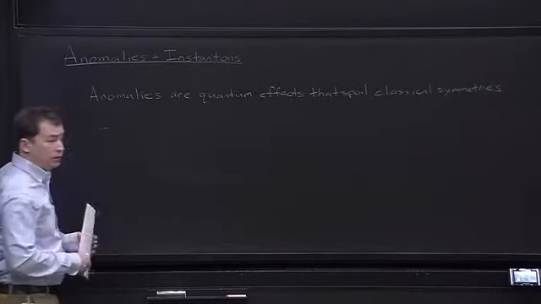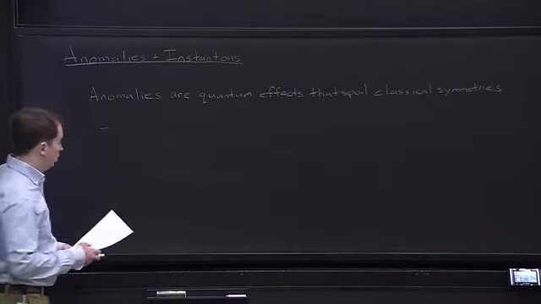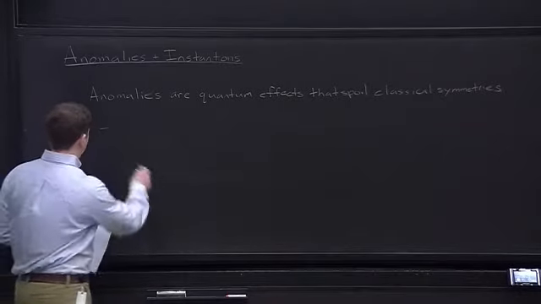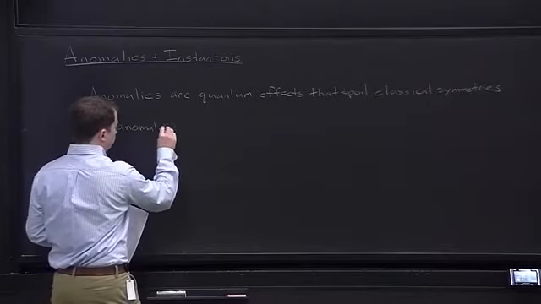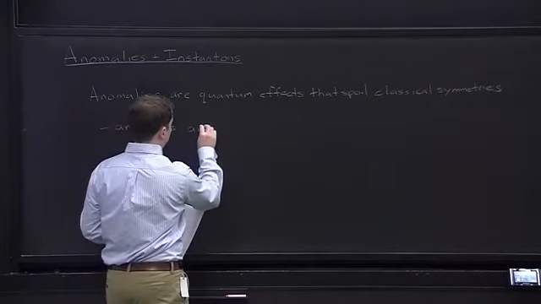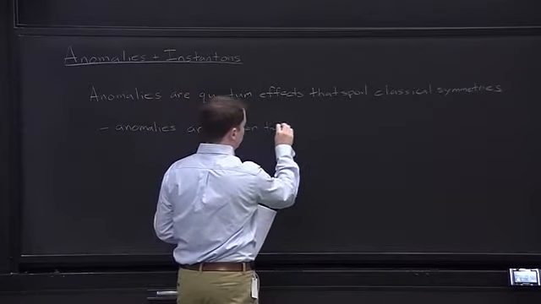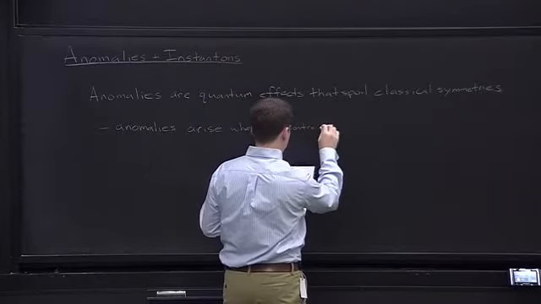Before we go into the 2D massless QED example, I just want to say a few general things about anomalies. Anomalies arise when two contradictory requirements clash.